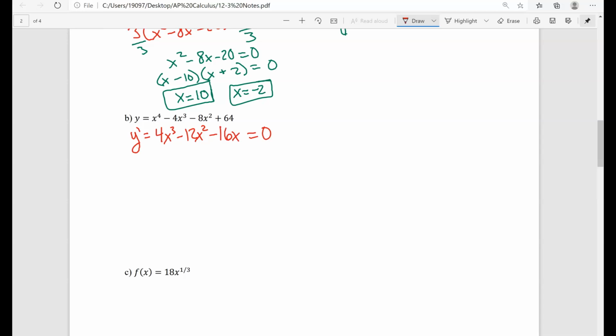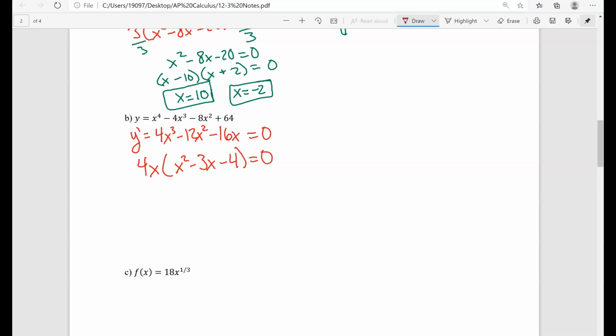So notice here, now we have a cubic, right? Graphing cubics are a little harder, but notice that I have an x on every single term. So I can factor out a 4, and I'm going to factor out an x. So I'm going to have x squared minus 3x minus 4 is equal to 0.